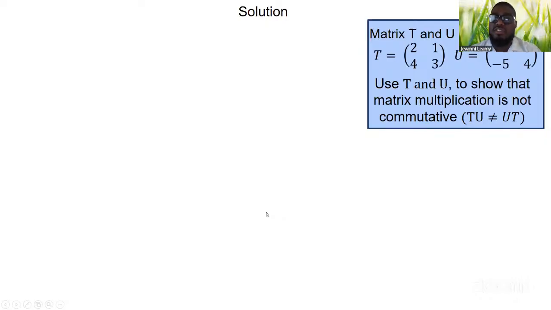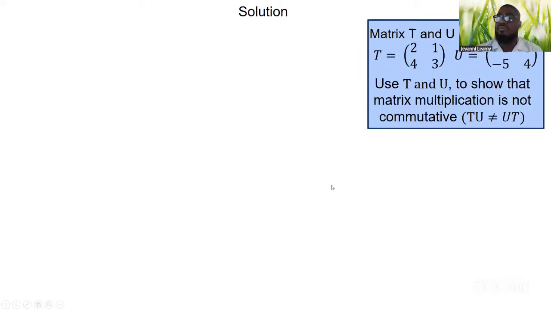Now, the other question says you want to use T and U to show that matrix multiplication is not commutative. You would have met the commutative property in 7th or 8th grade, and again in 9th grade, but now you see how crucial it is to remember it.